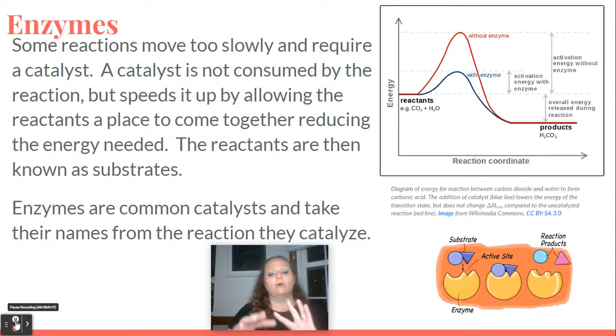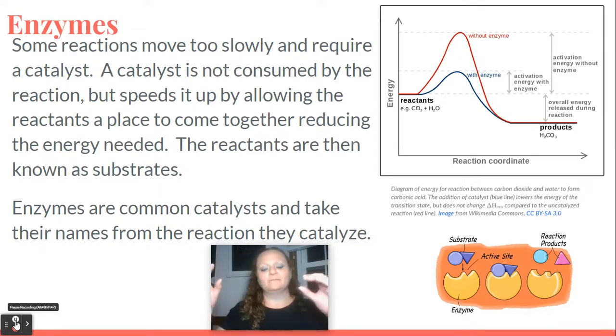You can see how the substrate, those reactants, are able to bind to the enzyme, which actually exerts, in this case, physical pressure and causes them to pop apart. This is what we talk about when it comes to how enzymes work. It can also work in reverse. You can have the products come together and attach to each other. They can actually bond together because they're brought together by the enzyme.